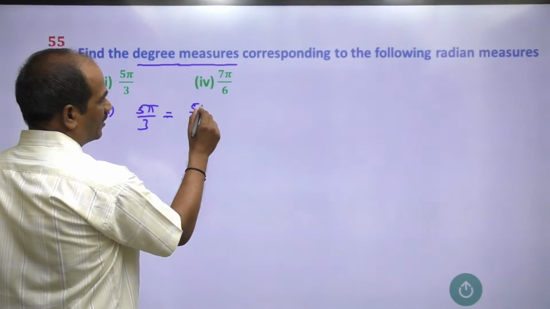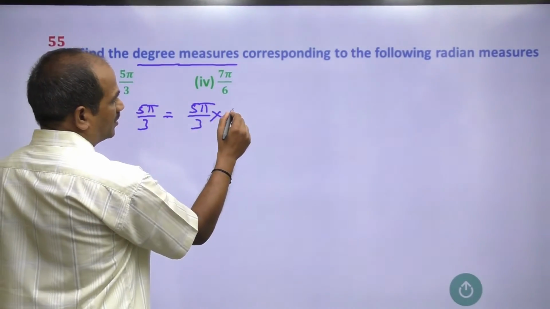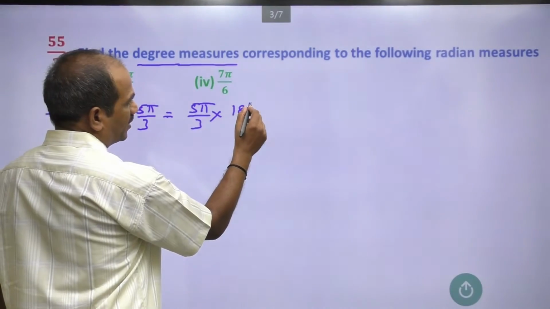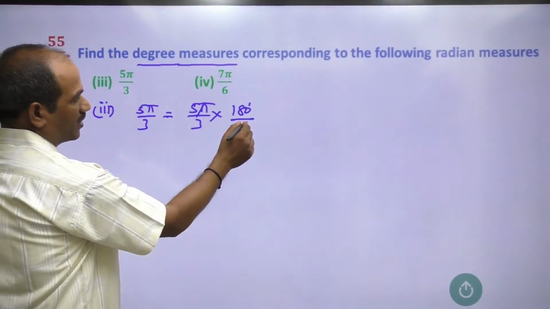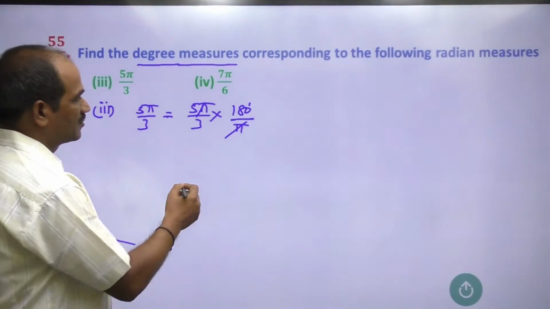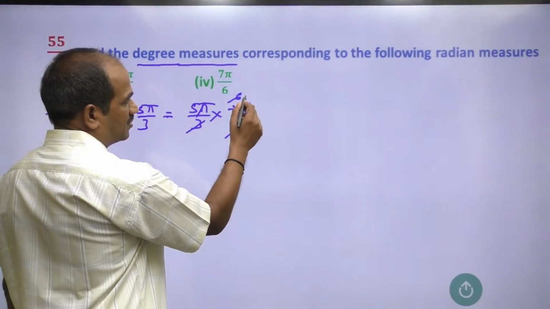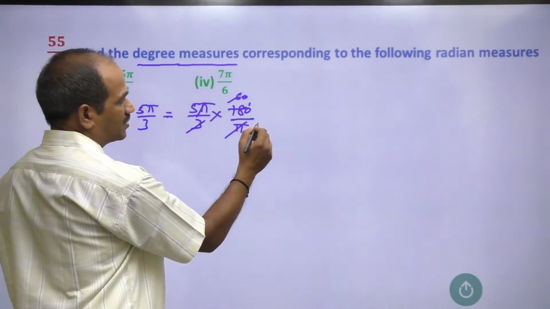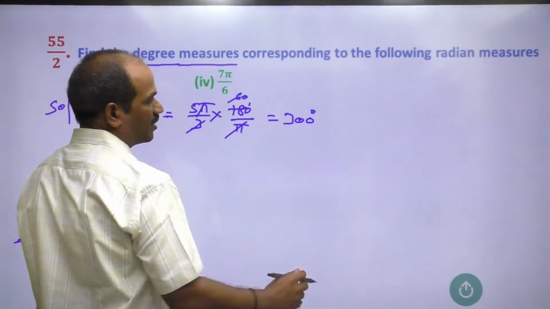So 5 pi by 3 into 180 degrees by pi. Pi gets cancelled. 3 times 6 is 18, 5 into 6, that is equal to 300 degrees.